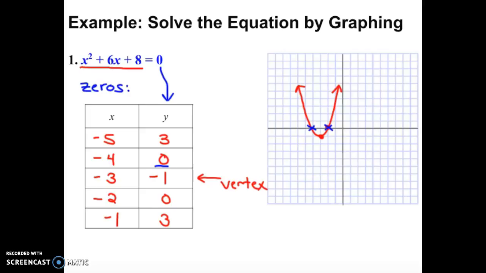So here and here is where my y value is 0 on the graph, and it wants to know the x coordinates that create those answers. So the x coordinates of negative 4 and negative 2 give me the zeros in the graph. On Math Excel, it has you just separate them with a comma. So negative 4, negative 2 are my zeros for this graph.